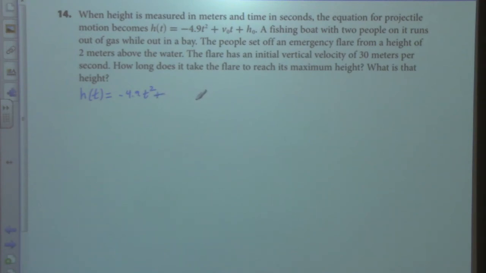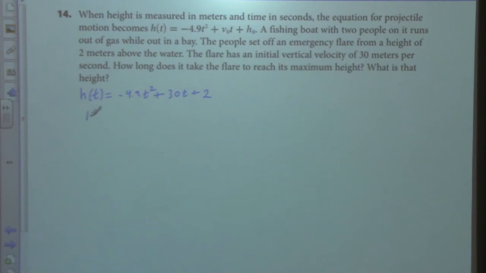Plus 30t, right? Plus 2. Okay, so that'll be our first step, the writing in standard form, right?